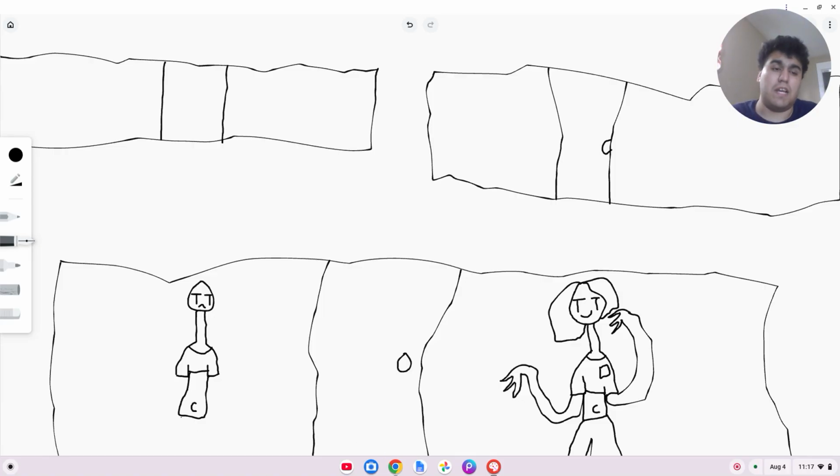It's basically 100% easy if you just draw the letter C on the character's stomach. It makes it look like an actual belly button. So anyway, let's continue, shall we? Okay, so I'm gonna draw some pants.